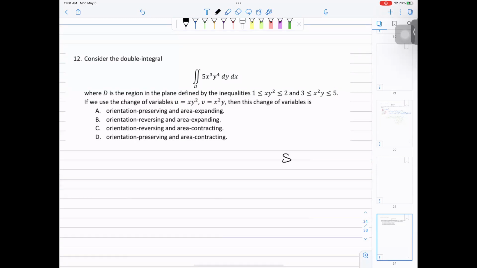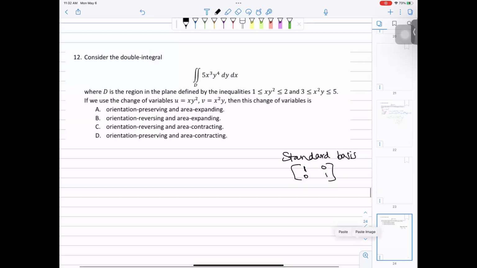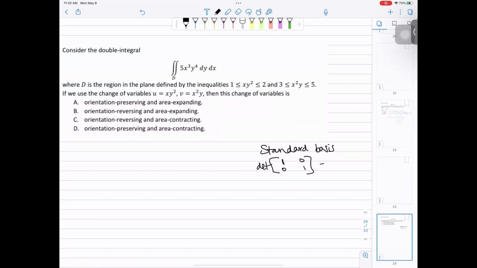So in the standard basis, the usual basis that we think of, made of the i vector, 1, 0, 0, 1, that's what we think of as our perfect normal world. What is the determinant of that matrix? It's 1. So anything that has the same sign as this, meaning it's positive, is orientation preserving. It uses the same kind of format as the standard basis. If we get a determinant that's negative, that means we're going against the standard basis. We're going in the opposite way.